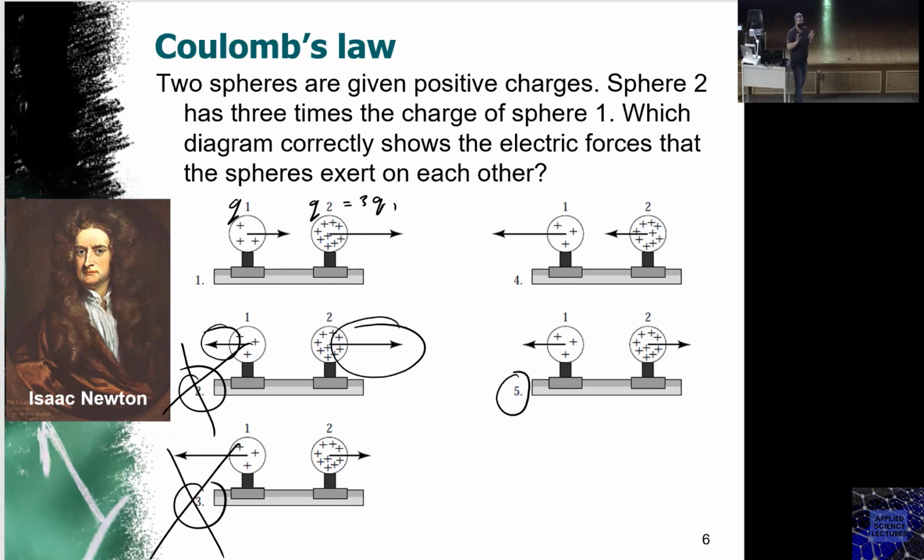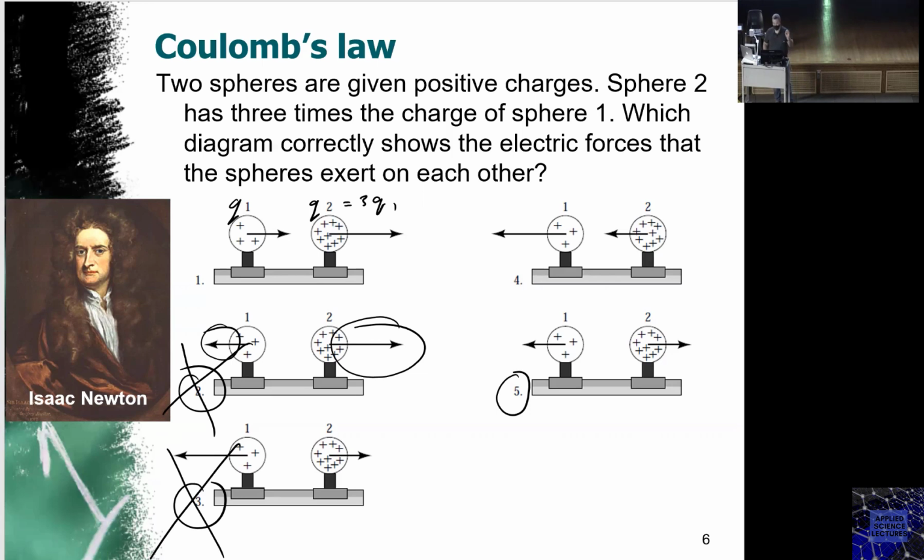Don't let the value of the charge trick you here, because you saw Q2 is 3 times the Q1. You would think that the force should be 3 times. No. Because the force for both of them is the contribution of the product of Q1 and Q2. So you have a Q1 and a Q2 in both expressions, for the first force and for the second force.